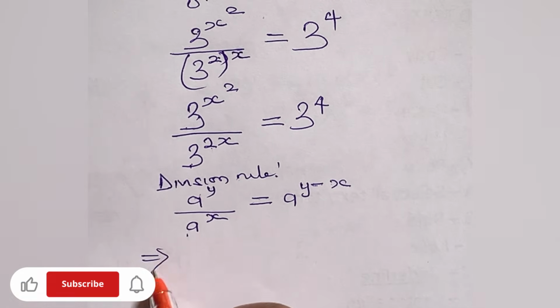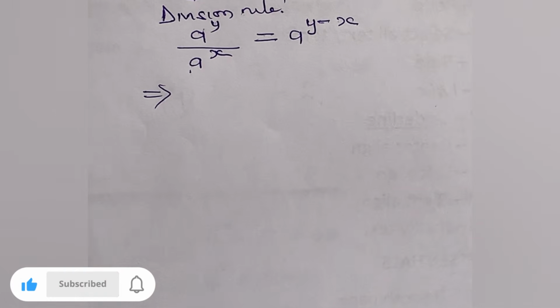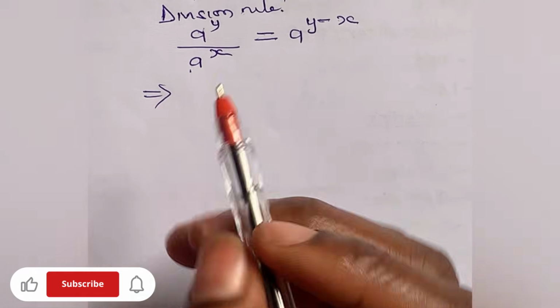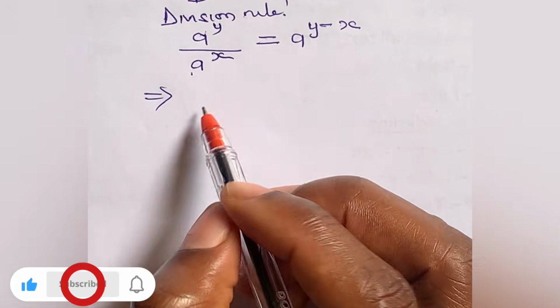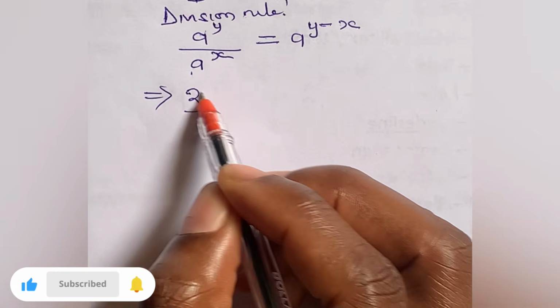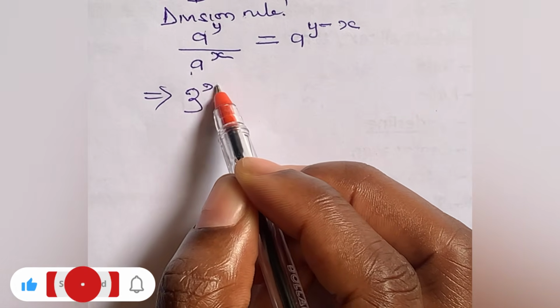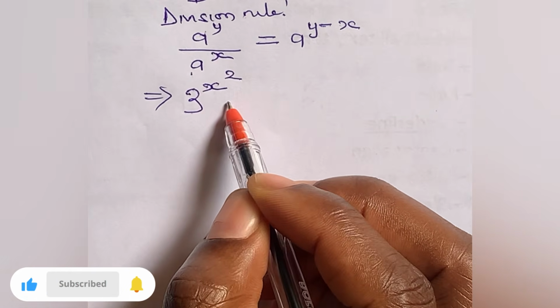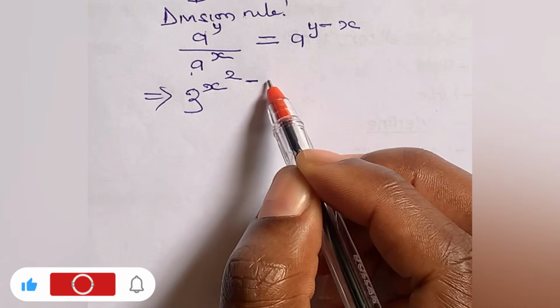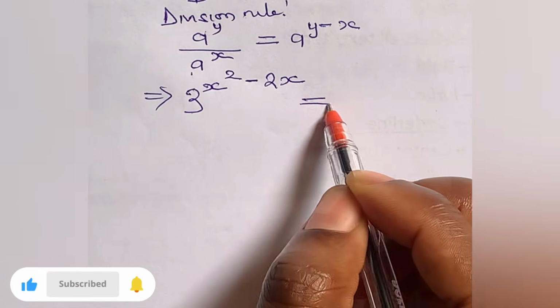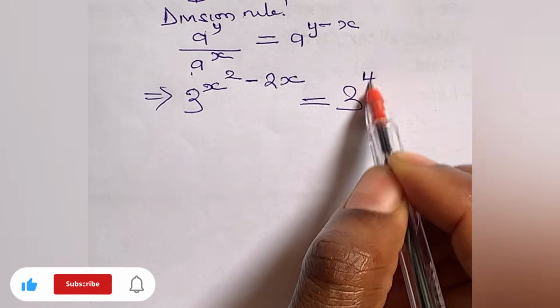So it becomes 3 to the power of x squared minus 2x is equal to 3 to the power of 4.